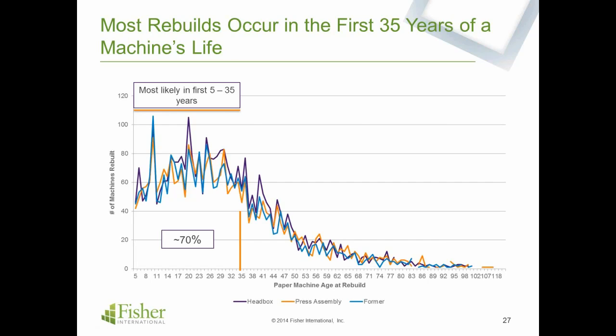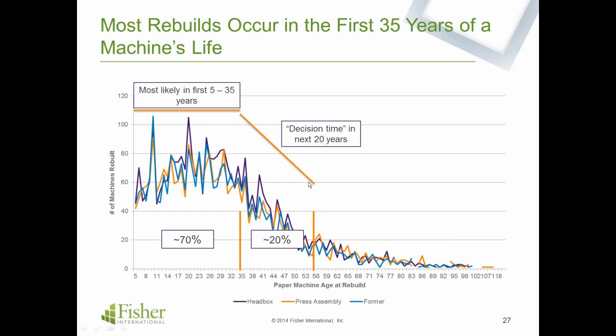And then as machines start to get a little bit older, producers are less likely to invest in rebuilds. About 20% of the rebuilds that have been done historically have been done on machines that were between 35 and 55 years of age. And I think we can think about this as decision time for producers.